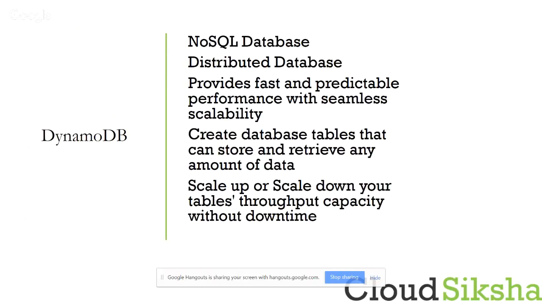Rather, what Amazon does in the case of DynamoDB is that it uses a lot of SSD storage to give you very fast and very seamless scalability. So there are a lot of SSDs on which you store your data, and the data is distributed across these by means of what are called partitions.